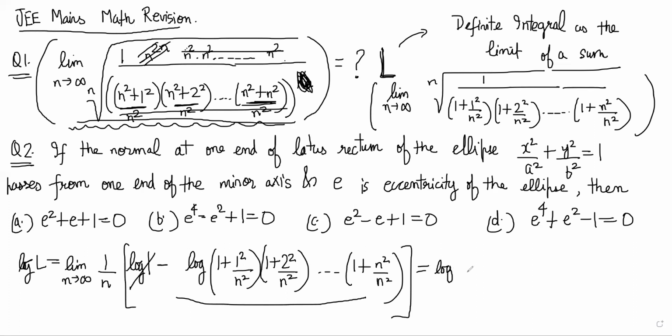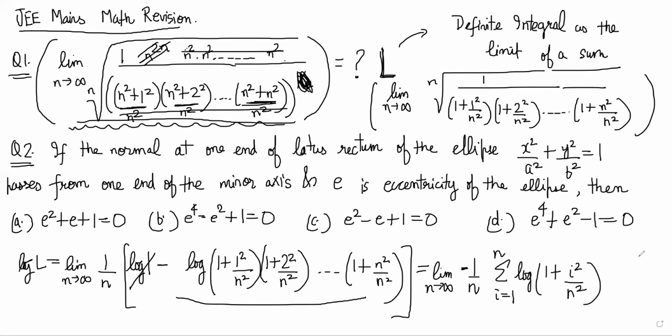So you have limit n tends to infinity of 1 by n, negative, and then summation of log of 1 plus i square by n square, where i goes from 1 to n.